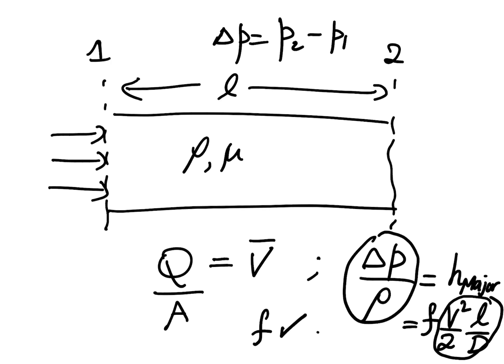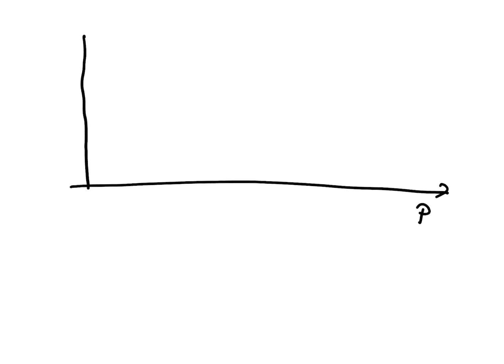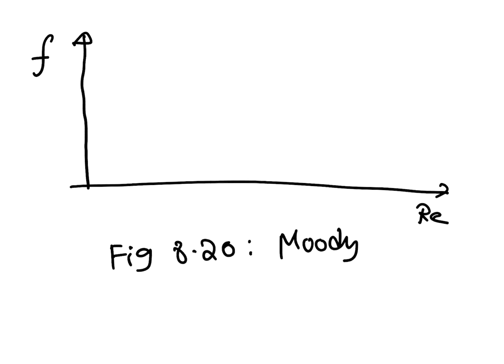So experiments like these were carried out to tabulate the friction factor as a function of the Reynolds number. Okay, so Reynolds number, and then you have friction factor, and this is given in figure 8.20 of the book, and this figure is called the Moody chart.